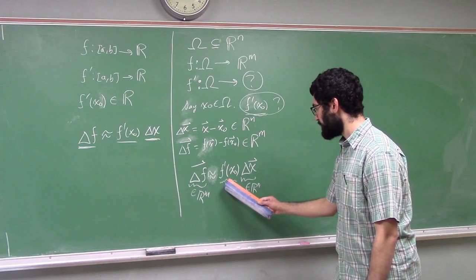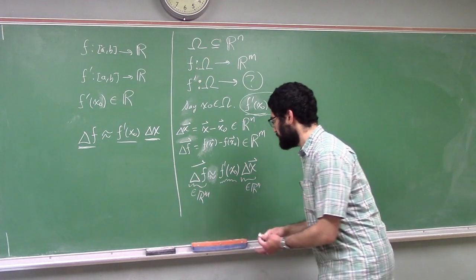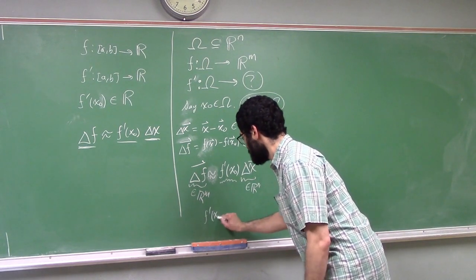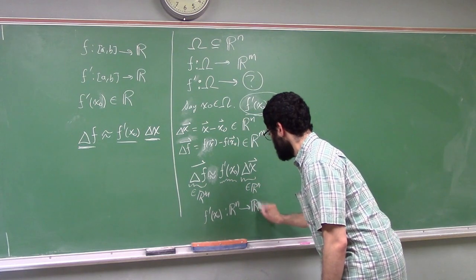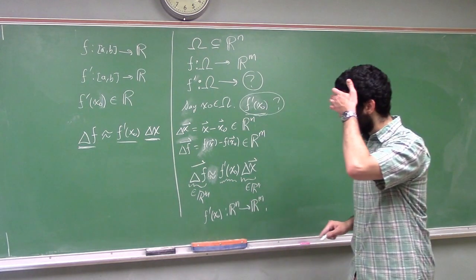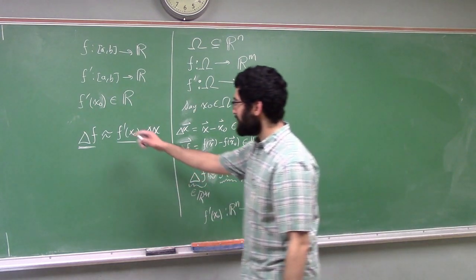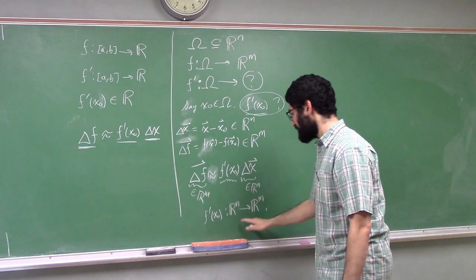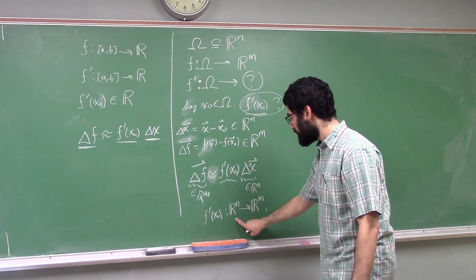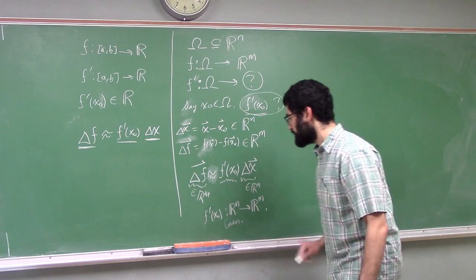So now we know the type of thing that this is: a map from Rn to Rm. That is what it has to be. That's interesting. Over here, f prime x naught was a real number. Now f prime x naught has to be something that turns n-tuples into m-tuples. And we will demand that it be linear.